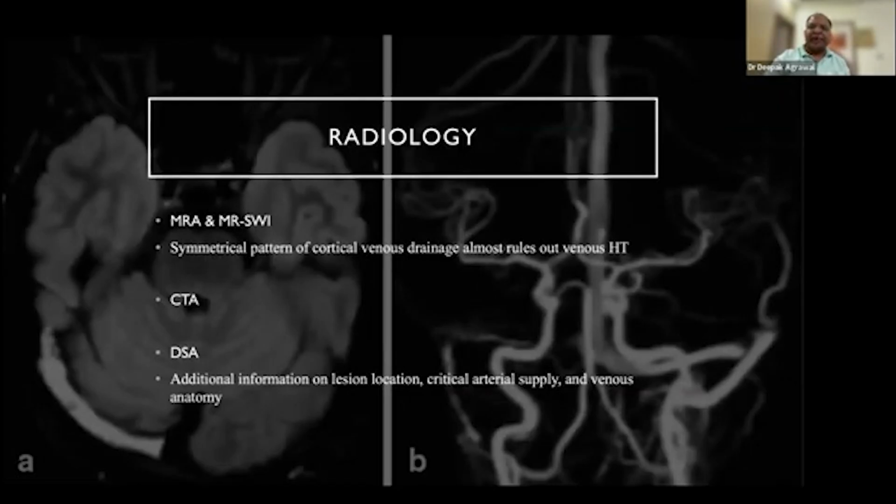With MRI, we have the SWI sequences and the MRA to delineate the thrombosis and the other vascular pathology. CTA is also sometimes used, but not that routinely. And finally, for the gold standard, we have obviously the DSA, which gives us additional information on the lesion, the arterial and the venous supply.